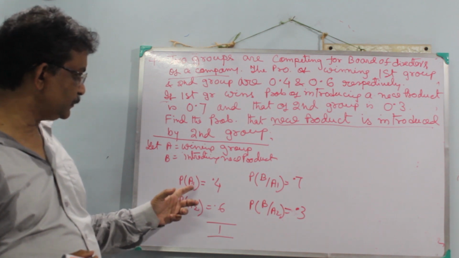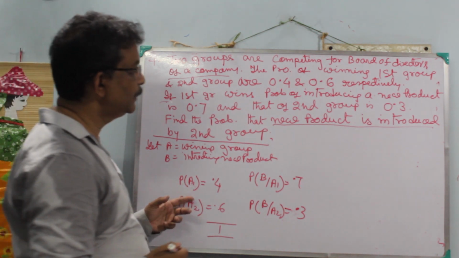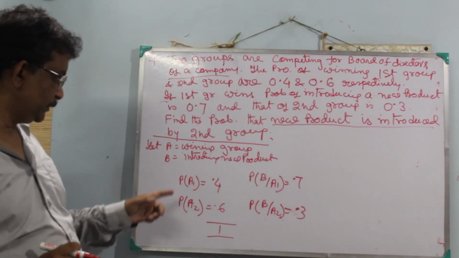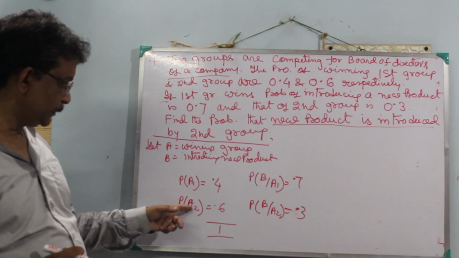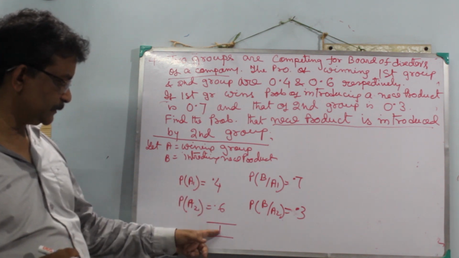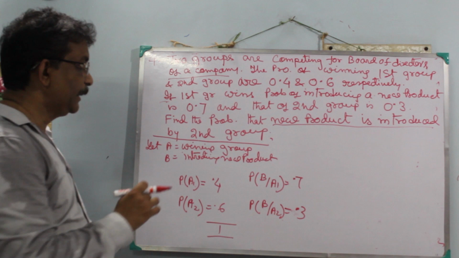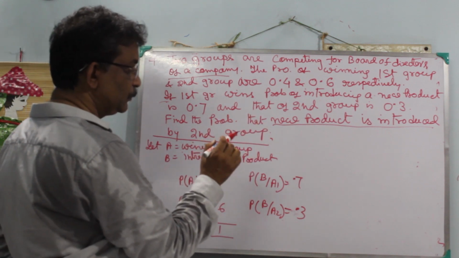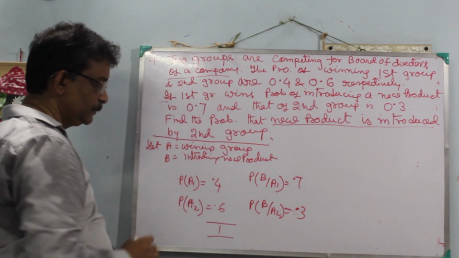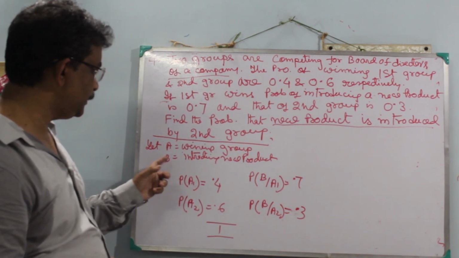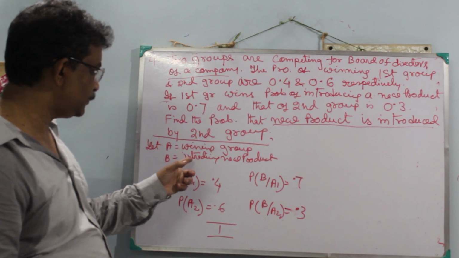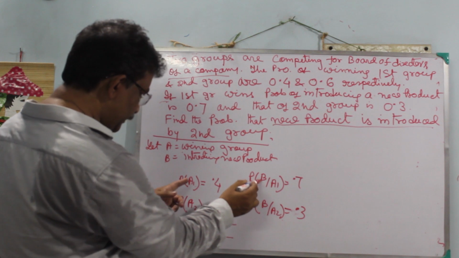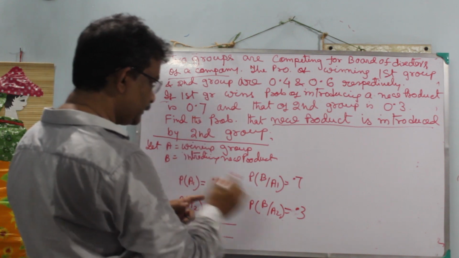Suppose the probability of group A1 winning is 0.4, and the probability of the second group A2 winning is 0.6. See, the sum is 1. And what is the probability of introducing a new product? I consider it as event B. B is the event of introducing a new product. So what is the probability of a new product if the first group is selected? 0.7.